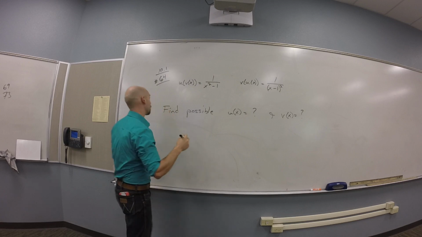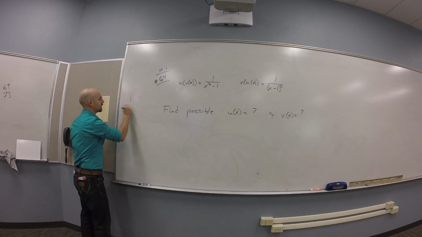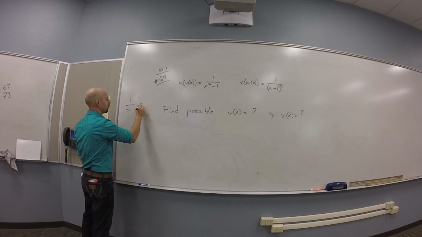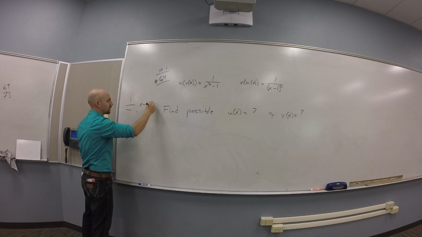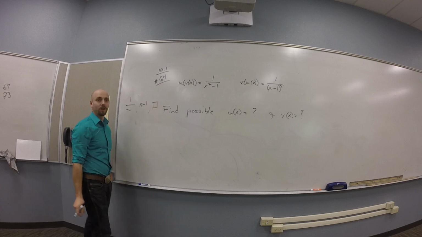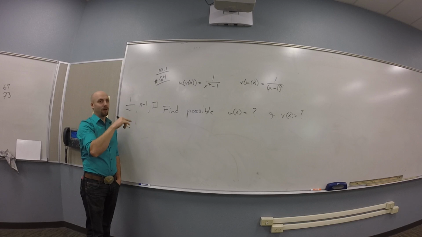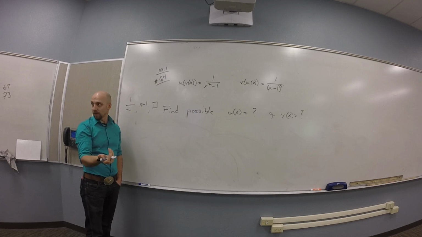There's 1 over something, so they seem to be made out of 1 over stuff. There's x minus 1, and there's some kind of squaring going on. So probably 2 of these together make u, and 1 of them makes v. Like, that kind of only makes sense?